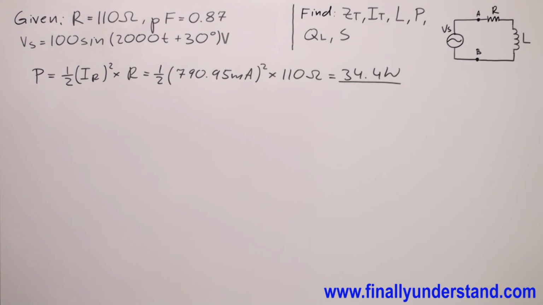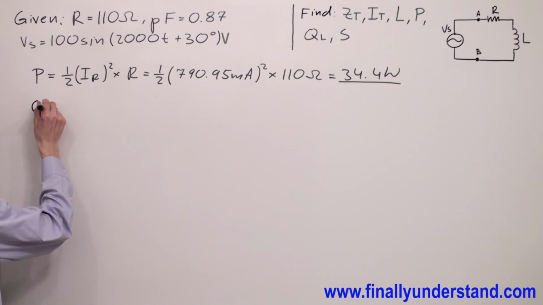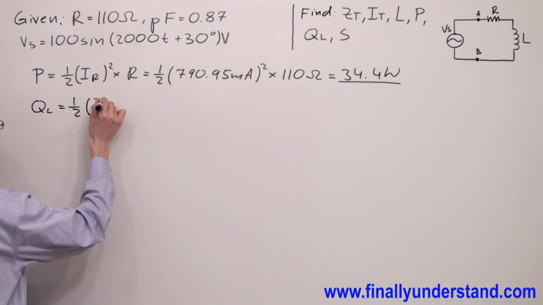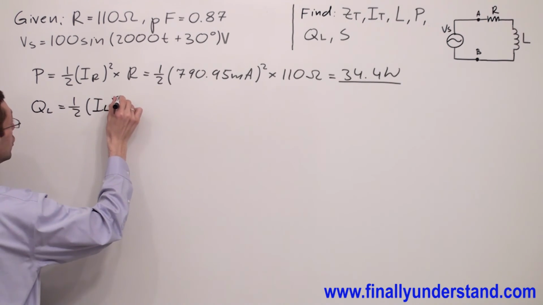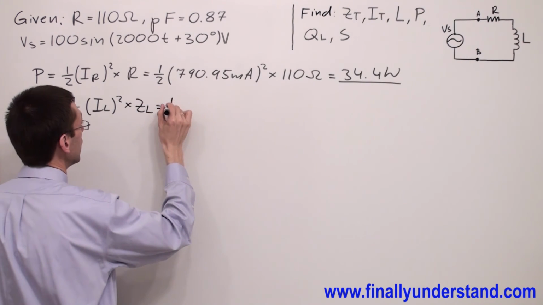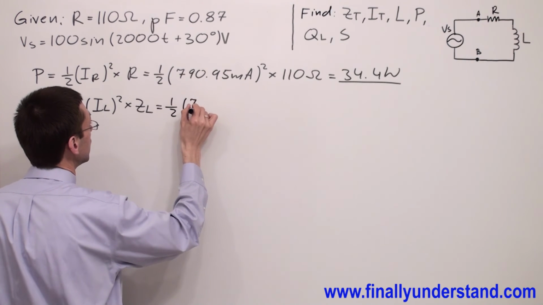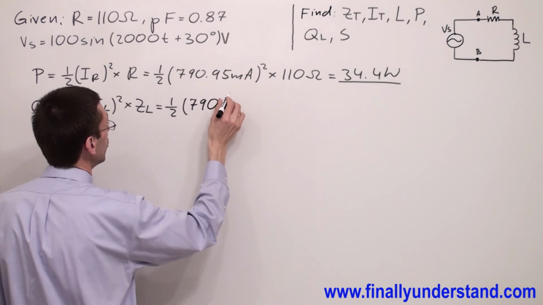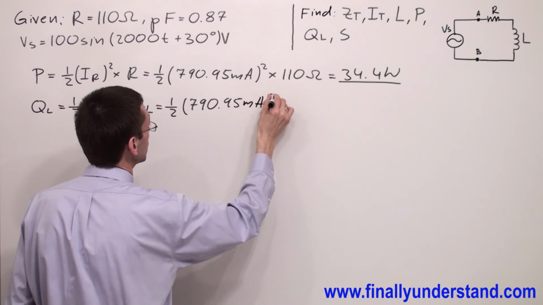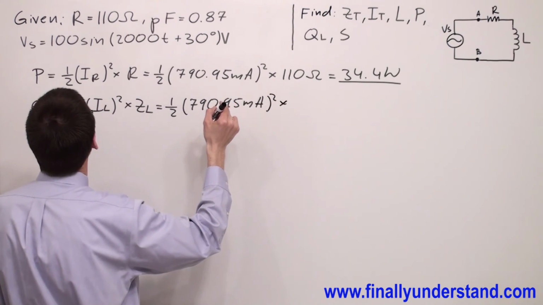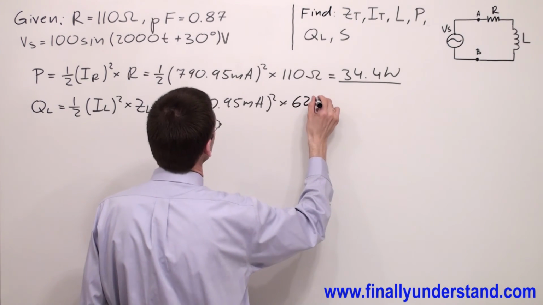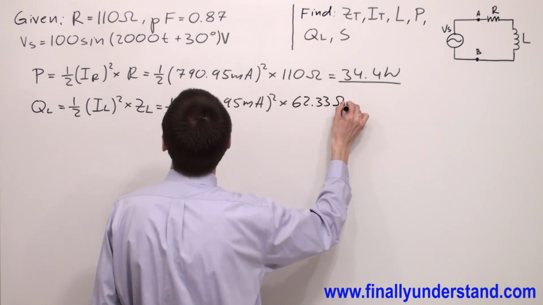Next, we're supposed to find the reactive power. QL is equal 1/2 IL squared times ZL, which is equal 1/2 790.95 milliamps to the second power times ZL, which is equal 62.33 ohms.